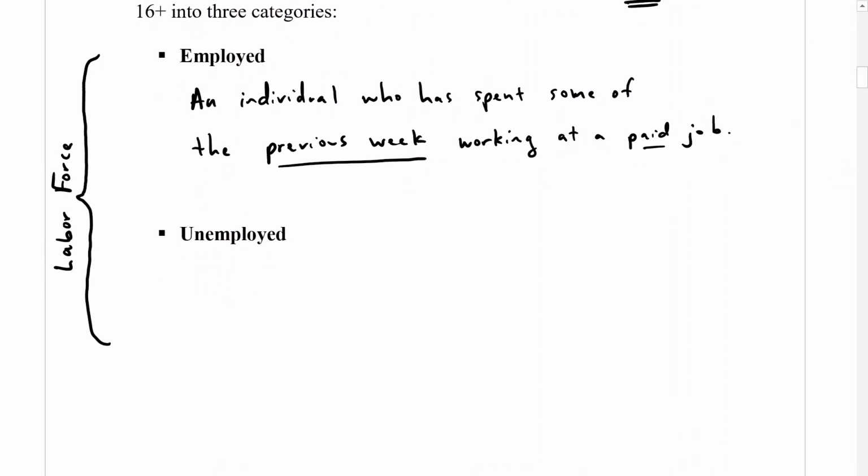Okay, and then the unemployed are a couple options here. So one, it could be an individual who is on temporary layoff. And that, temporary layoff, happens occasionally.